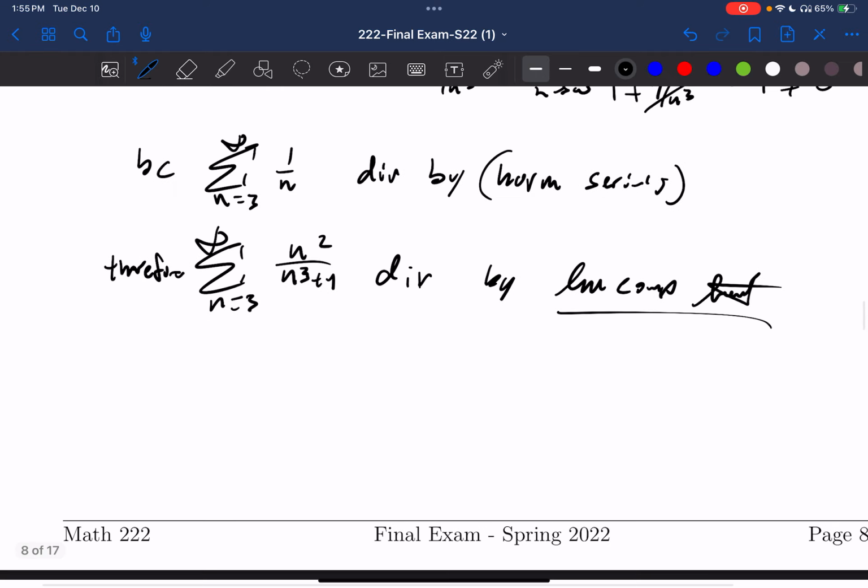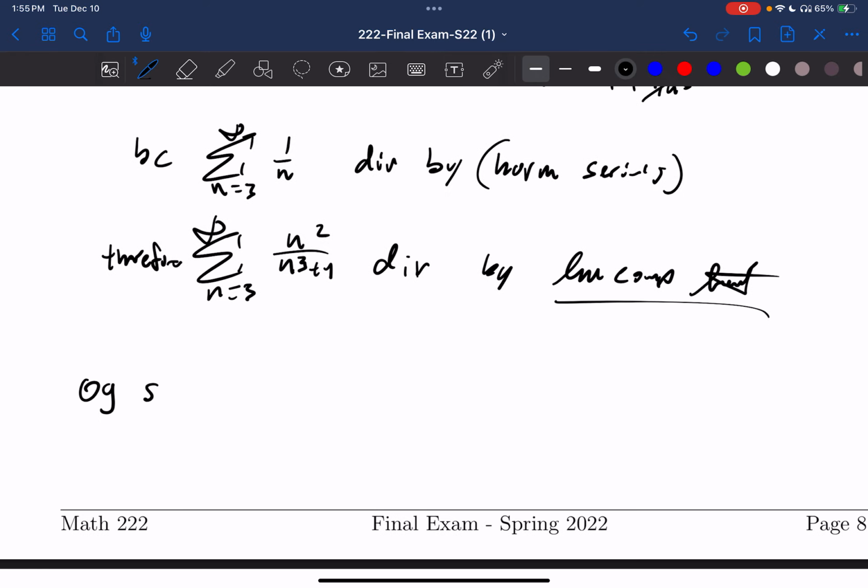So we can see that the original series, the OG series, is conditionally convergent.